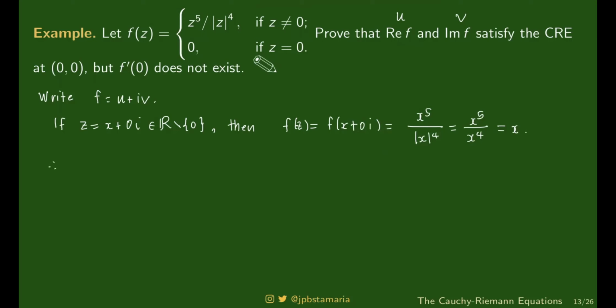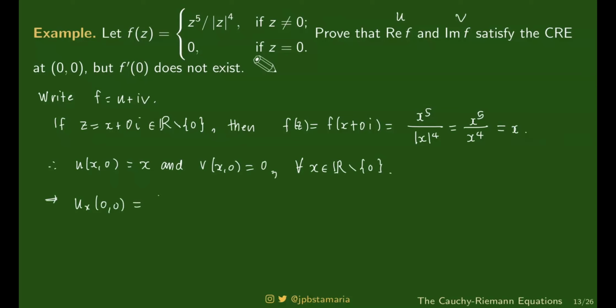When x is on the real number line, your y is 0, right? So set y to 0. The u of x, 0 has real part x, but the imaginary part is 0. No i came out, right? So v of x, 0 is 0. If this is true for all x in R different from 0, the question is, what is your partial derivative at 0? What is u sub x at 0, 0?